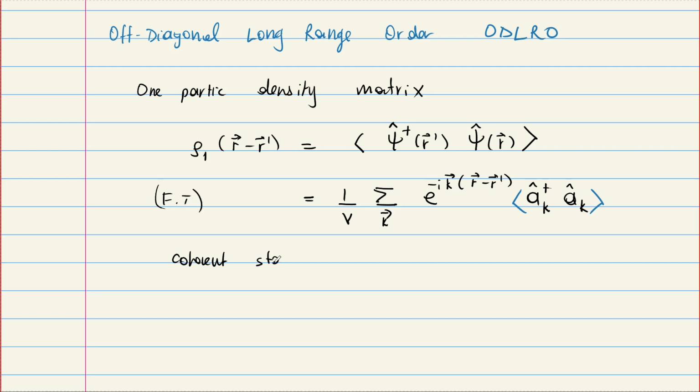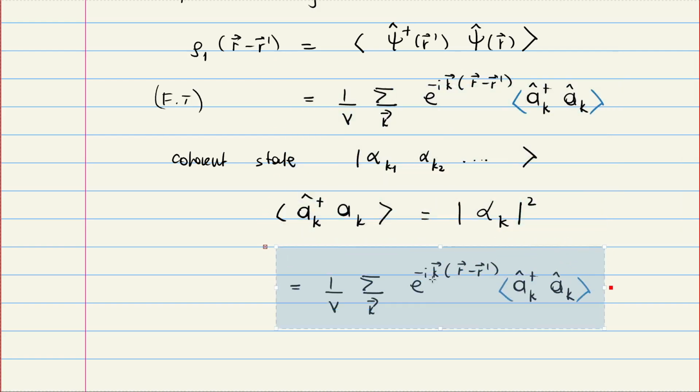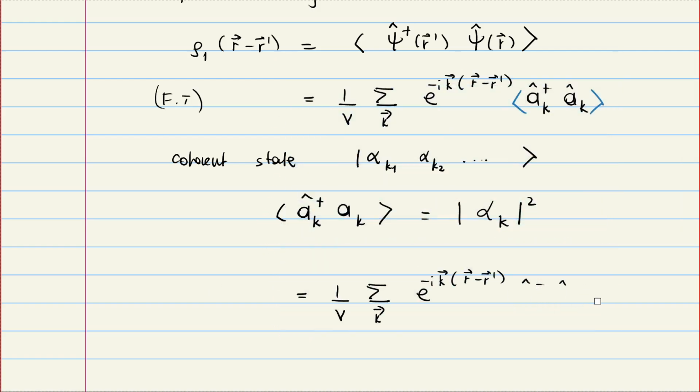The coherent state is going to be something like |α_k1, α_k2, ...⟩. If you do that, the expectation value of a_k† a_k in that basis turns out to be the absolute value of α_k squared. Then this thing becomes |α_k|².